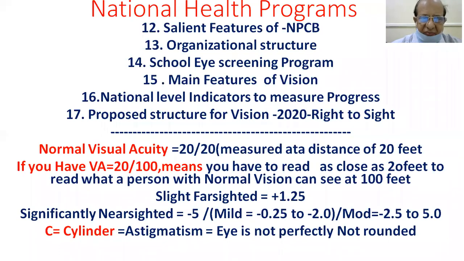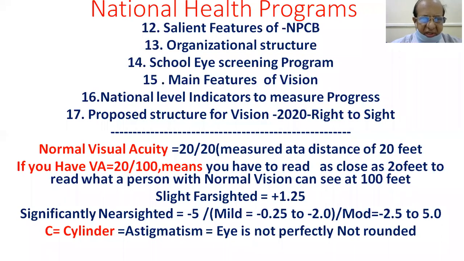And slight farsighted, of course, these are some of the things you had better know. Slight farsighted is plus 1.25. They can see better with this. So slight farsightedness, and of course above that there are 2, 3 like that. Significantly nearsighted. This symbol starts with a minus, whereas farsighted symbol starts with a plus.